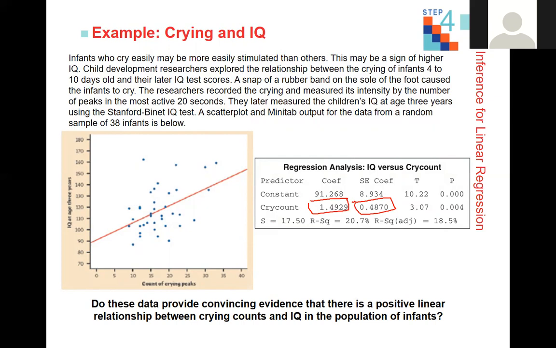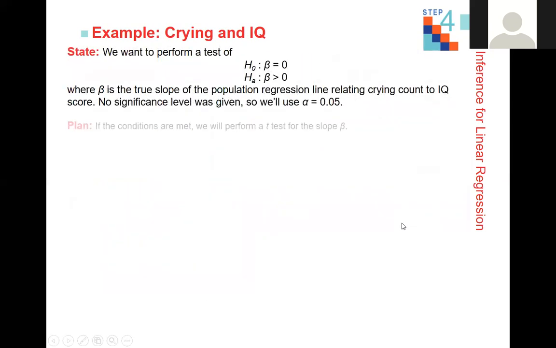Oh, and look, this one asked, do the data provide convincing evidence that there's a positive linear relationship? So I just gave away what the null and alternative was on this one. Our null hypothesis is going to be that beta is 0. So beta is our true slope of the regression line.